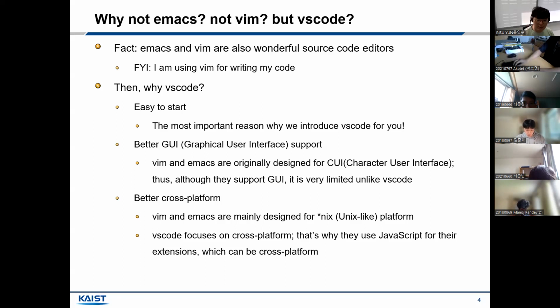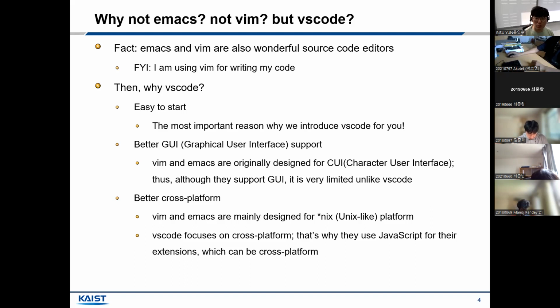And another thing is that it has better GUI support, graphical user interface. Vim and Emacs were originally designed for the character user interface, which means that it can work without any graphical interfaces. They have some extensions that support the GUI, but they are very limited because their original design is for the CUI.